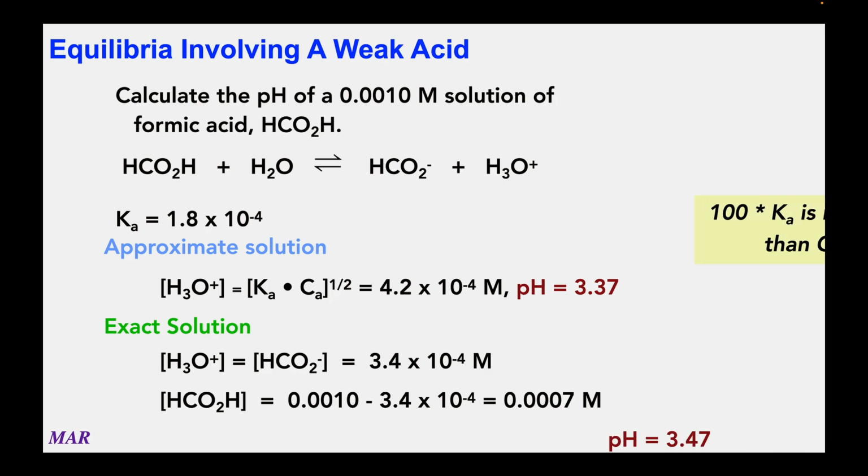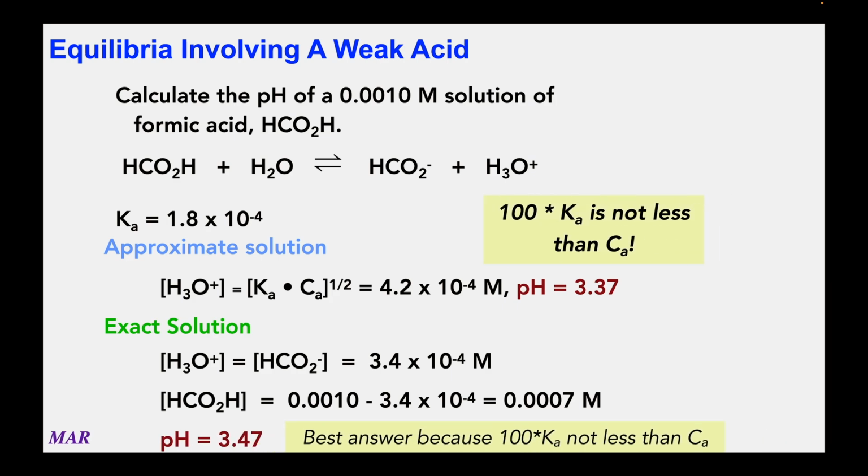However, if you use the quadratic formula, you get slightly different numbers. Hydronium comes out to be 3.4 times 10 to the minus 4, and your pH is 3.47. So on problems like this, you really need to check if 100 times K is less than C. And 100 times K in this problem is 100 times 1.8 times 10 to the minus 4. That's 1.8 times 10 to the minus 2.